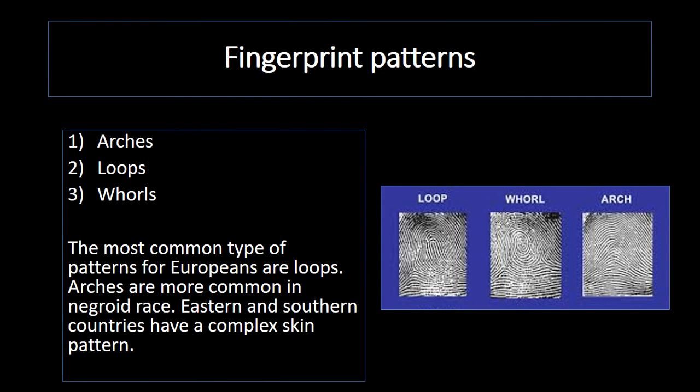There are different fingerprint patterns such as arches, loops, and whorls. The most common type of pattern for Europeans is loops. Arches are more common in the Negroid race. Eastern and southern countries have a complex skin pattern.